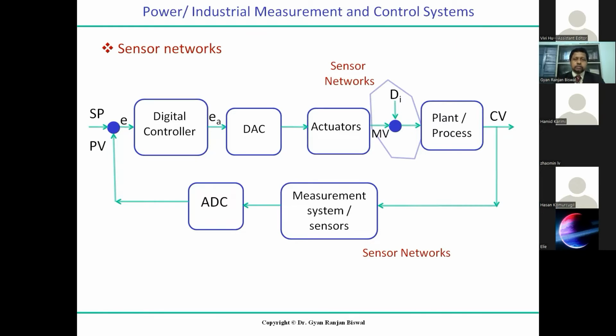The objective of this slide is the role of sensors and sensor networks, which some people call measurement systems, or measurement and instrumentation. They are all synonyms of one another. What a critical role they can play in any particular system.